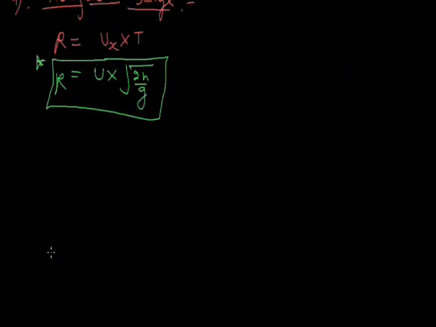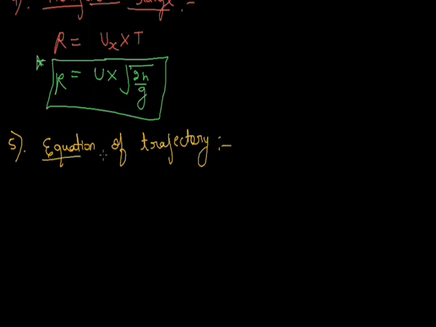And last, our fifth is the equation of trajectory, the equation of the path followed by the projectile. We know x, the horizontal displacement, is equal to its velocity in the horizontal direction, that means ux into t.